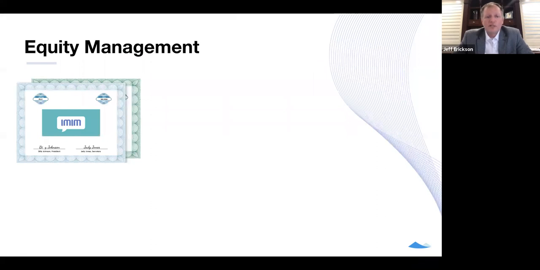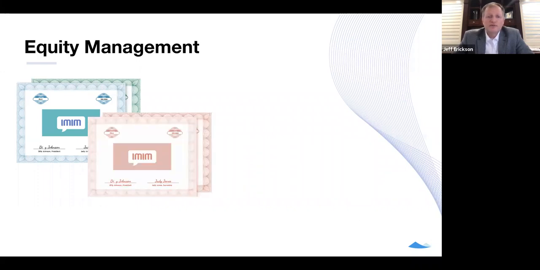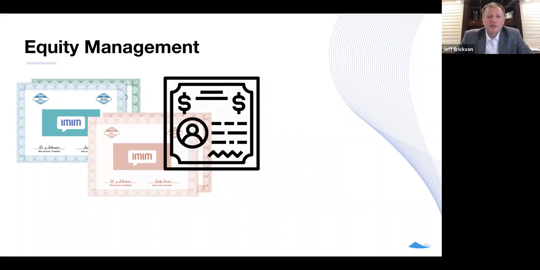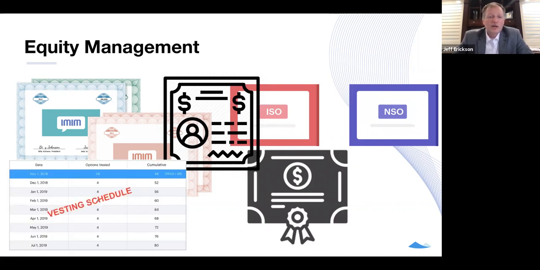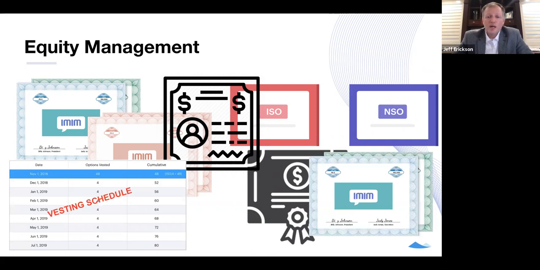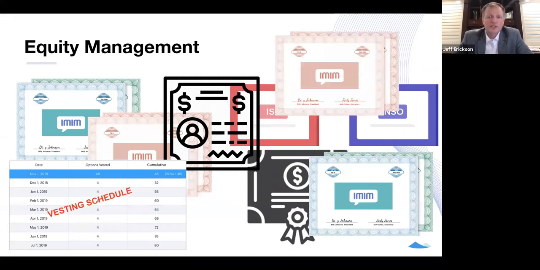So we've covered some of the different types of equity. We talked about issuing to you as founders and some of your early employees, potentially, some common shares, and your advisors. Your investors would receive preferred shares, and then you might start issuing convertible notes or SAFE notes to early investors, issuing stock options, making sure that you are keeping track of whether they're ISOs or NSOs, keeping track of vesting schedules, issuing more shares as new employees or new investors start to come in.